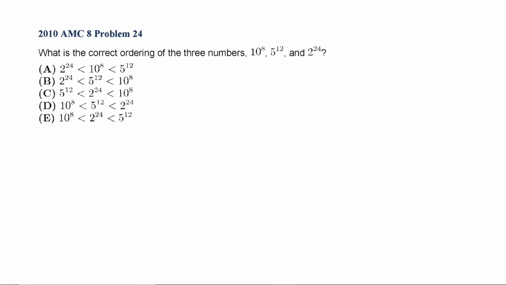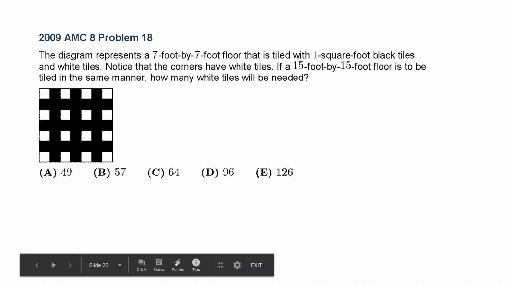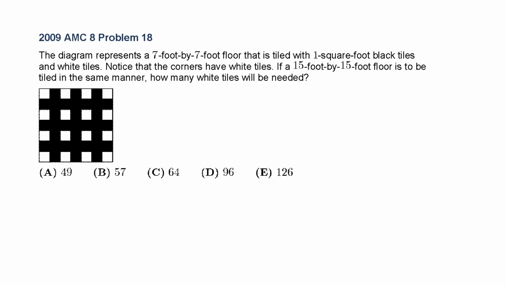Okay, so next question. The diagram represents a 7-foot by 7-foot floor that is tiled with 1 square foot black tiles and white tiles. Notice that the corners have white tiles.